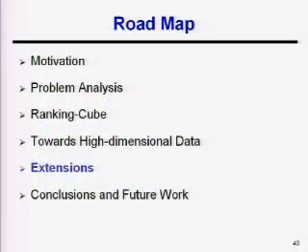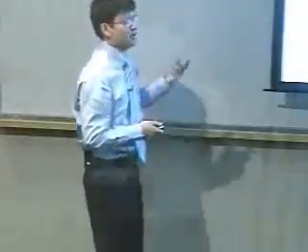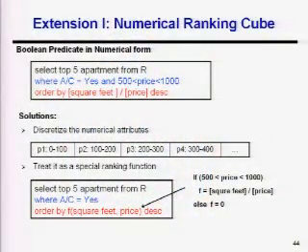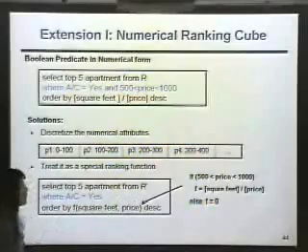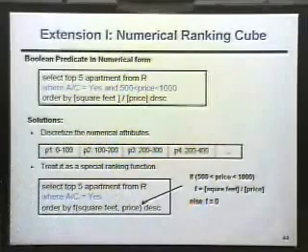So now we discuss a few extensions. The first extension is how about when the selection condition is numerical. So we have numerical attributes. For example, we also can put price as a selection condition. We want to select an apartment with a price between 500 and 1,000. So there are 2 ways we can handle this.